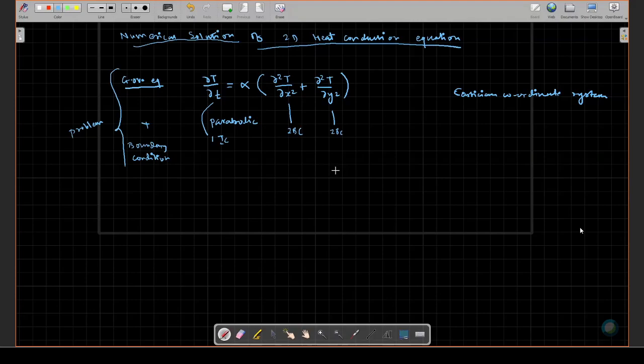So we want to solve this. We have two methods to solve: one is explicit and the second one is implicit.